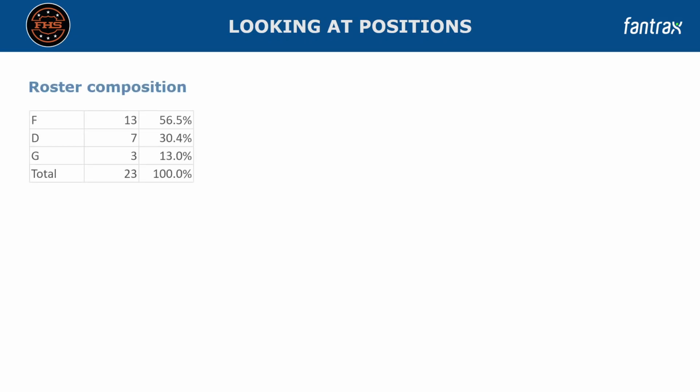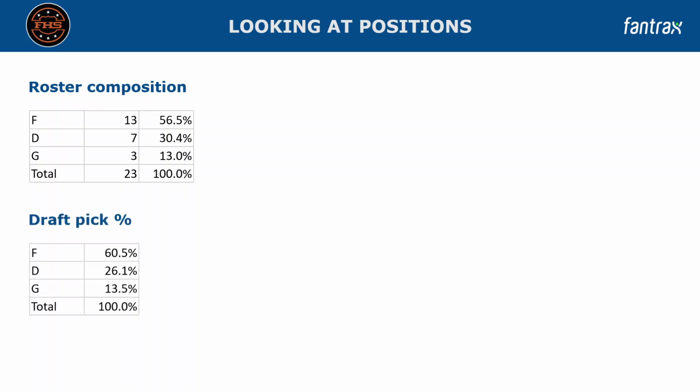And looking at positions, this is the standard roster composition of our active roster: 13 forwards, 7 defensemen, 3 goalies. Of course, it varies. Some teams use 2 goalies, but anyway, this is pretty standard.